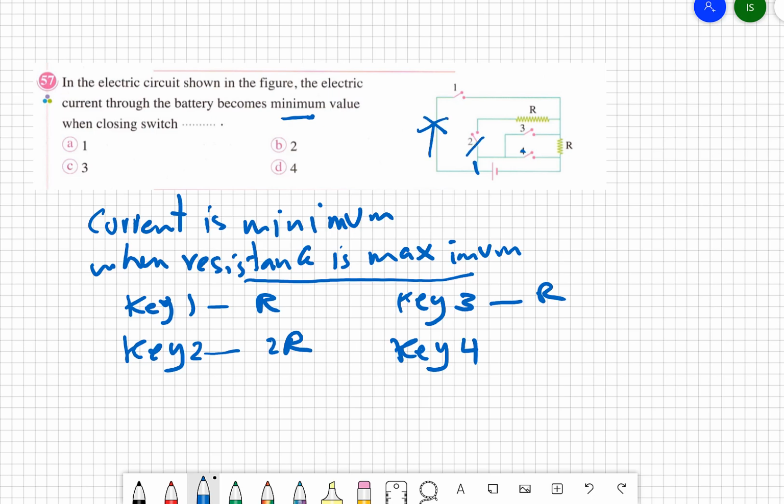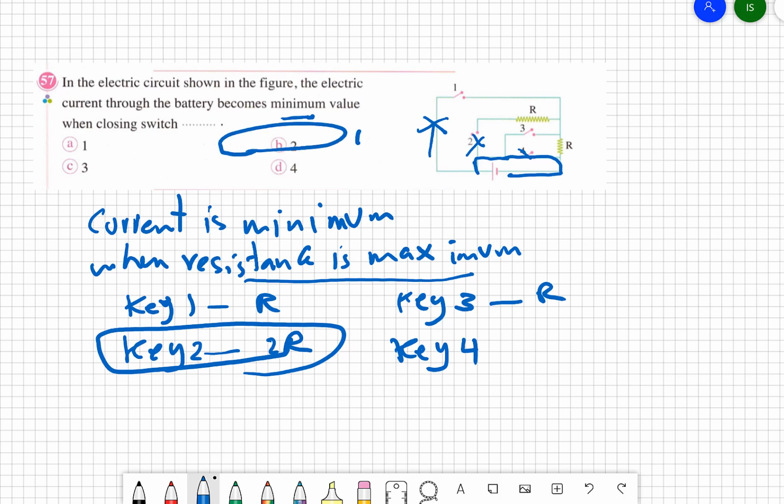It can move up. So the only way is when you close this switch, return it back. So the resistance is minimum. He needs the minimum current when you have the highest or largest resistance. So key number 2 is the right answer, guys.